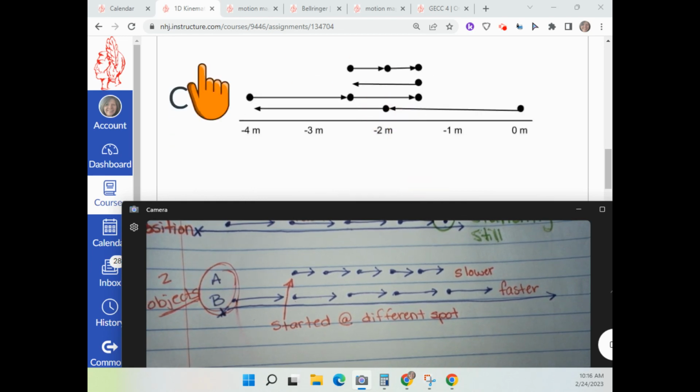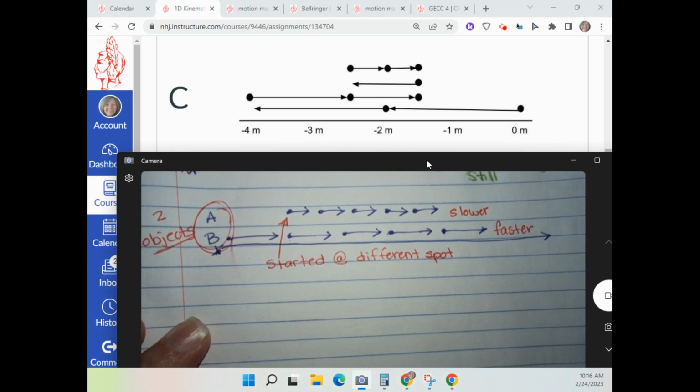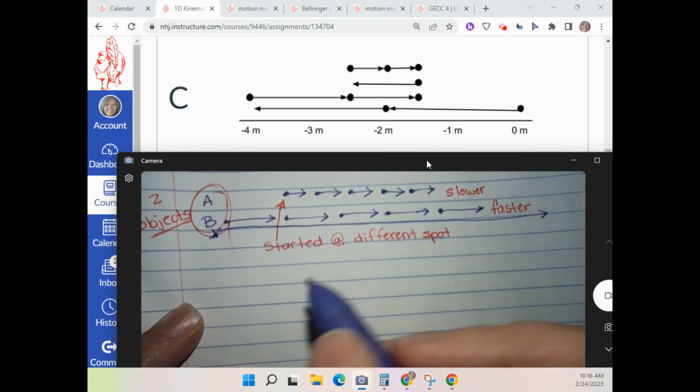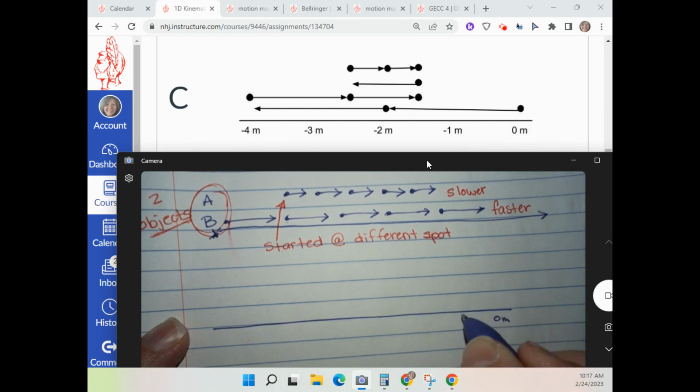And then C is a little different. Let's try to put C in our notebook so that we can look at it. Notice on this one we have the position line, and it's marked with meters here. That's going to help us to see.